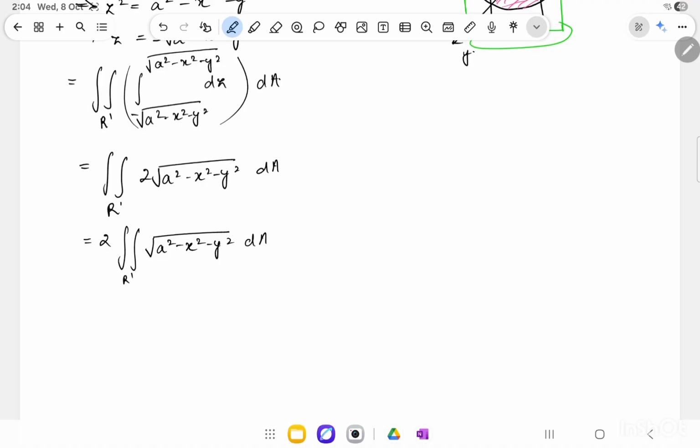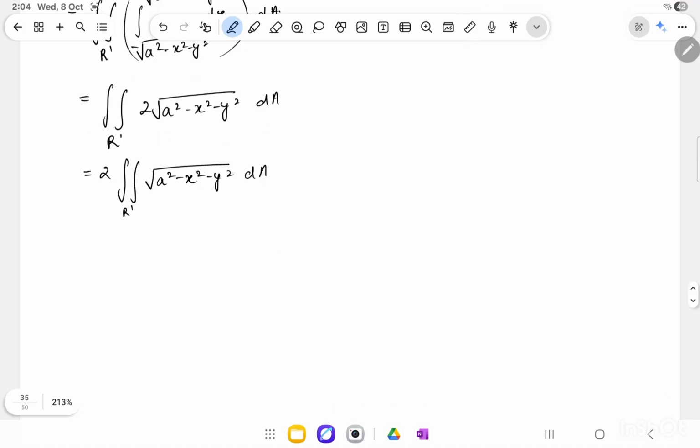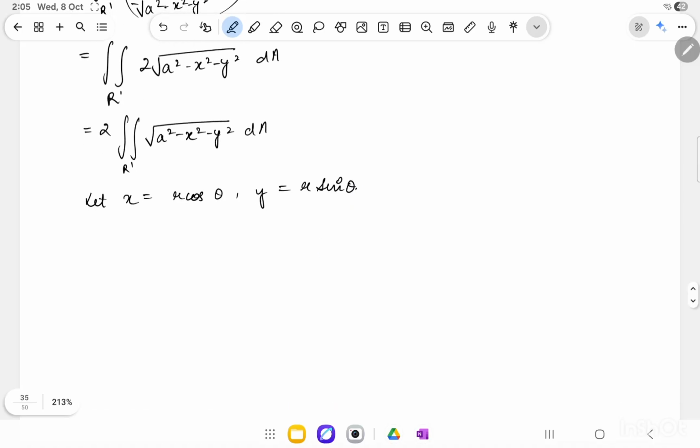Now let's convert it into polar form in order to simplify our calculation. So let's assume that x equals r cos theta and y equals r sin theta. So from here our integration will be 2 times under root a square minus r square, and dA will be r dr d theta.